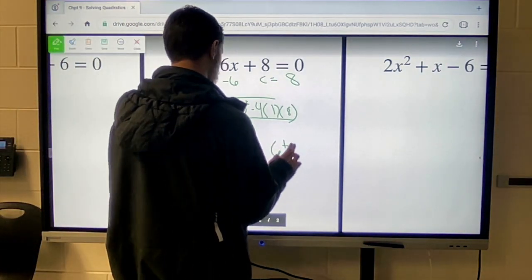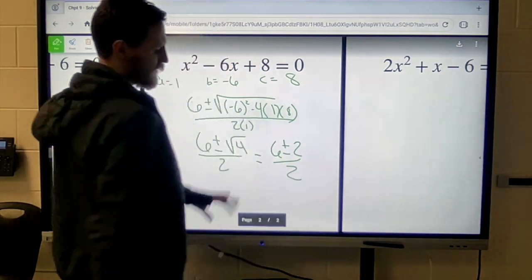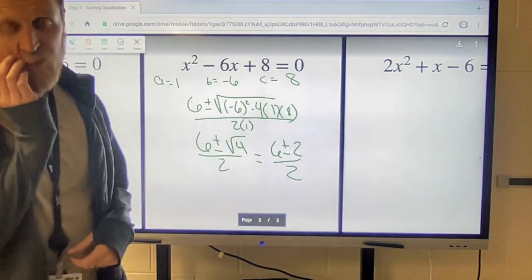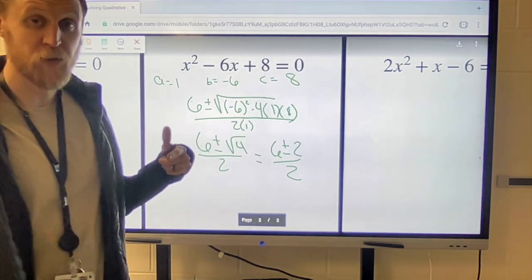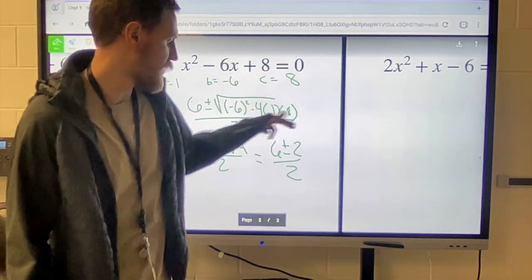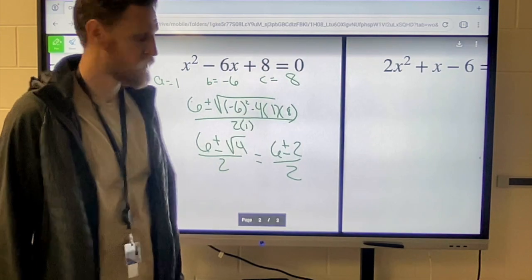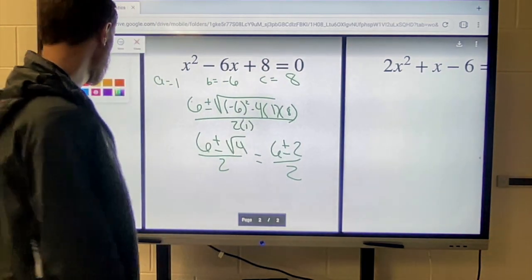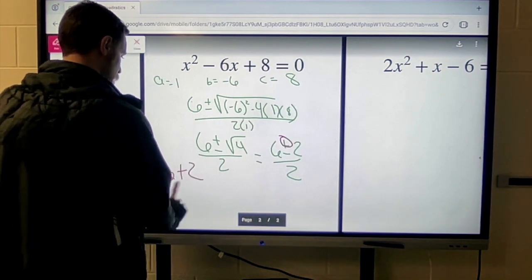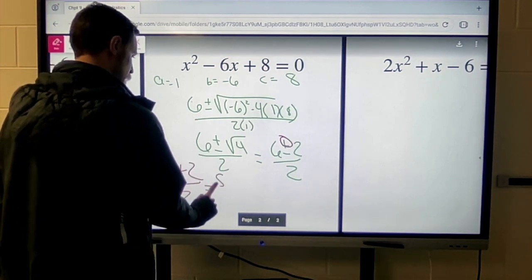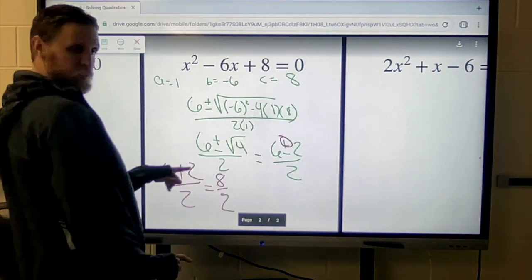Yeah, smart. So at this point where we have the 6 plus or minus 2 over 2, this is where you would want to go ahead and split it because we might have a plus, we might have a minus. So I'm going to do the first one with a plus. That would be 6 plus 2 over 2, which is, 6 plus 2 is 8.